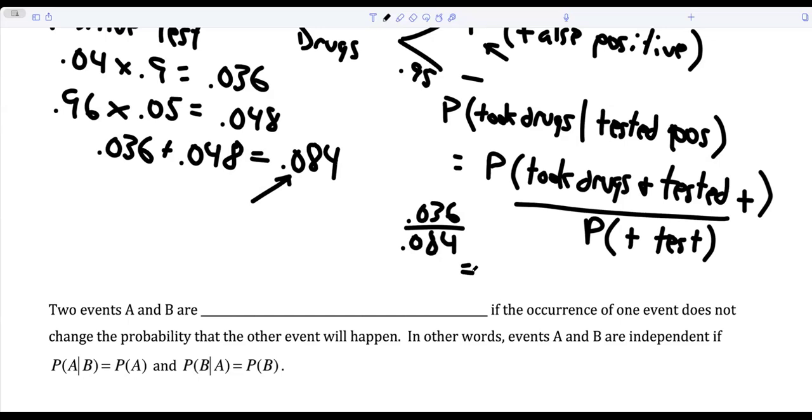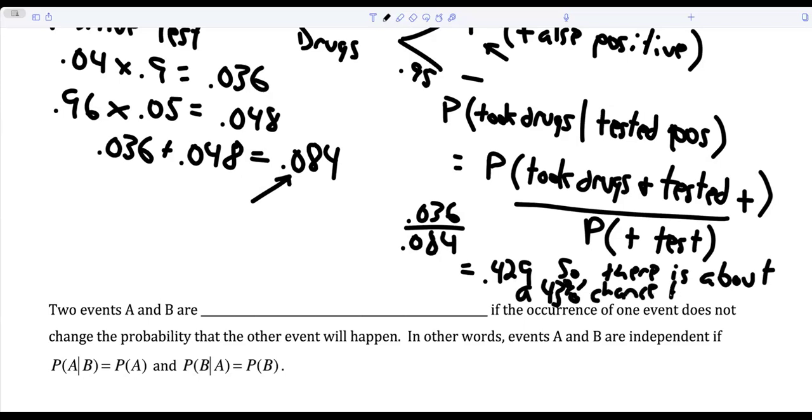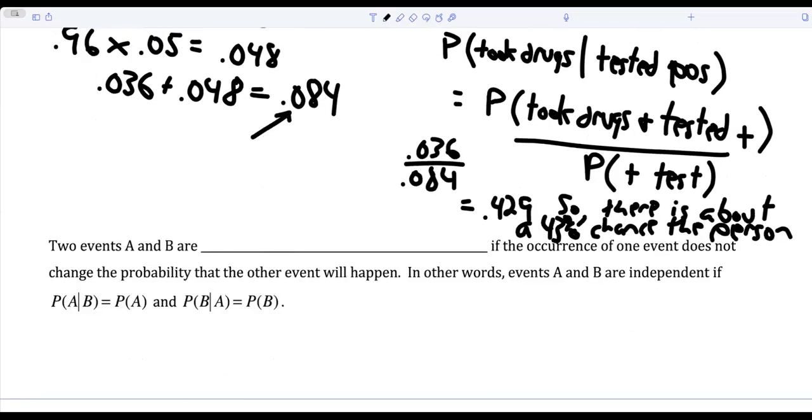And what do we get? Okay, 0.429. So there is about a 43% chance that a person with a positive test actually took the drugs.